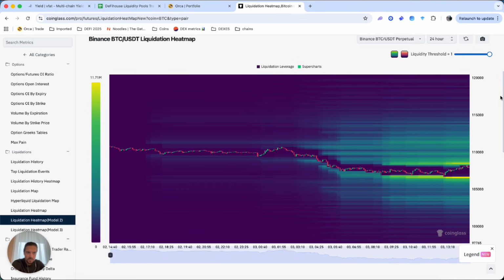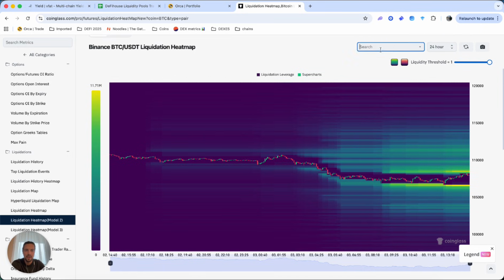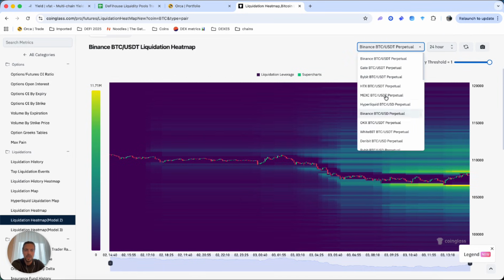Then what you want to be doing is, first of all, right here, you want to select which centralized exchange data you are looking at. In most cases, you will be using the biggest ones, either Binance or Bybit, right? These are the biggest centralized exchanges for perpetual futures trading.